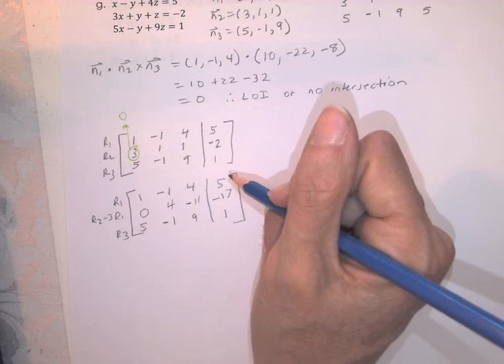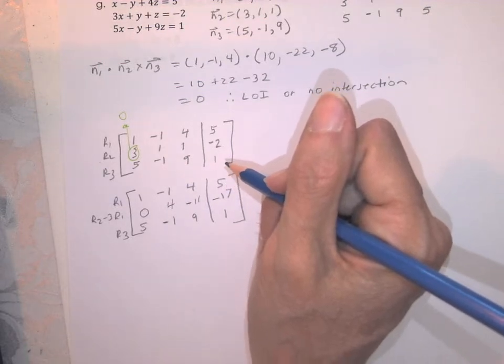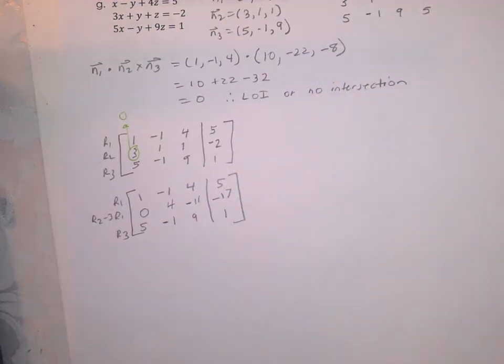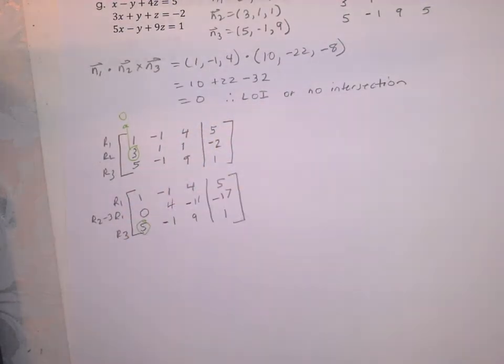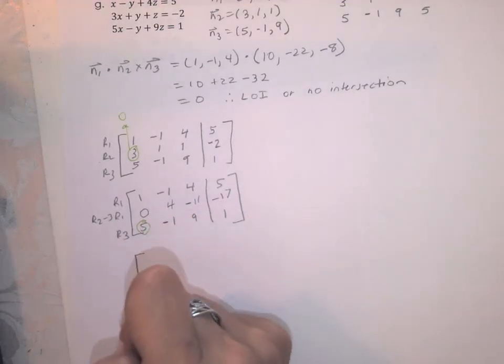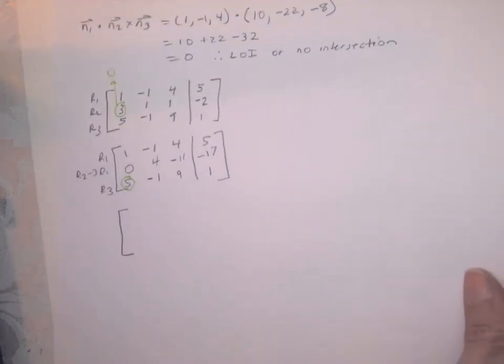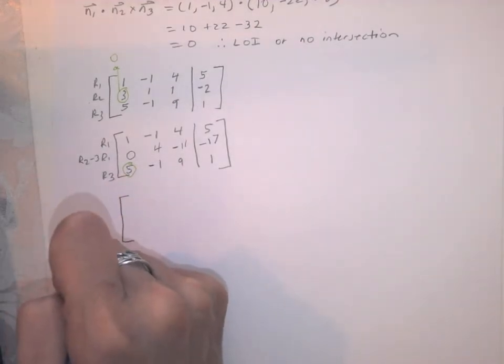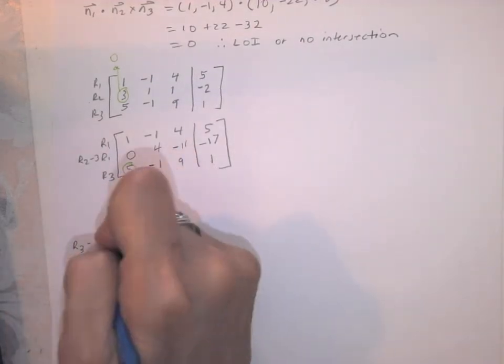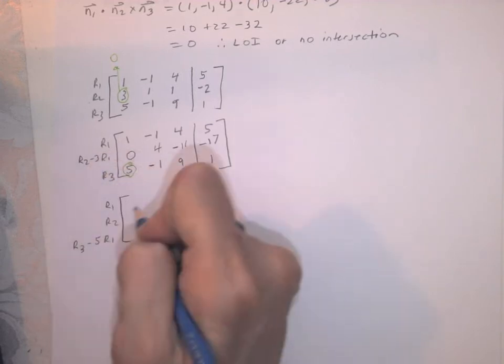And then I want to get a 0 here. So for that one, I'm going to move this up so you can see. Row 3 minus 5 row 1s, and leave row 1 and row 2 the same.